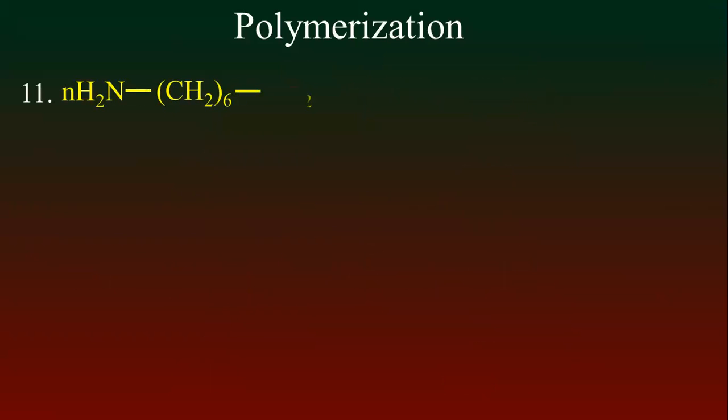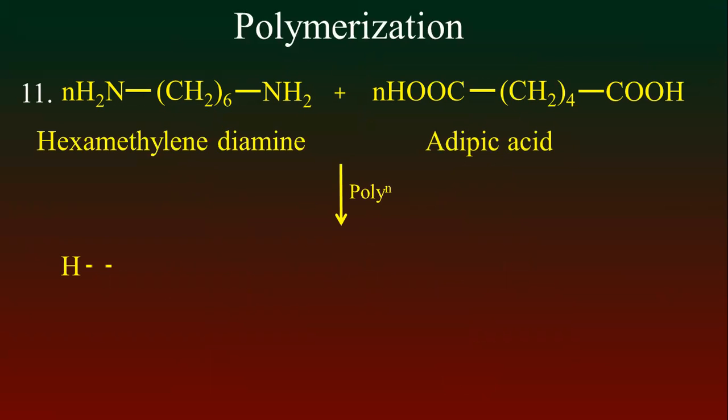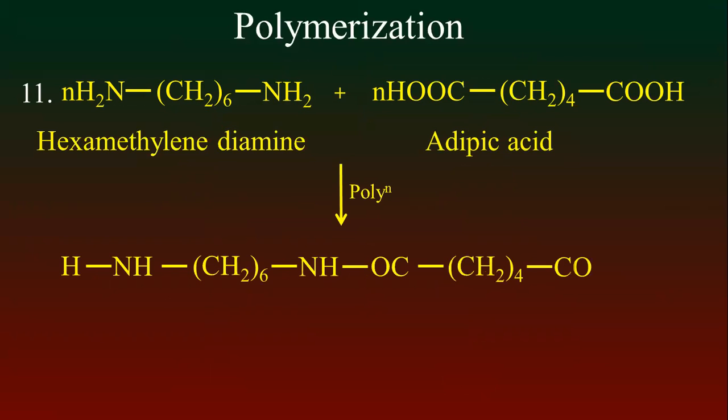If you use hexamethylene diamine and then another monomer, adipic acid, after condensation polymerization you will get the nylon 6,6 compound. Here you have to know what condensation polymerization is.